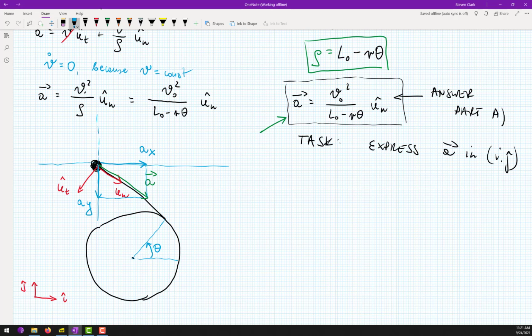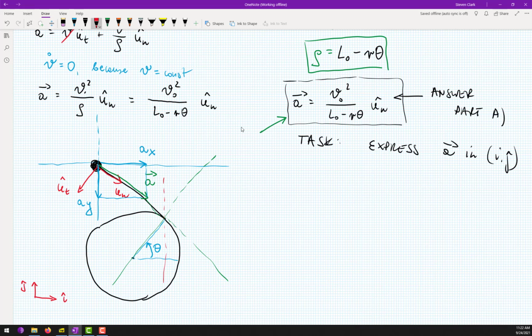Yeah, we must find those two values. And to do that, I must bring this theta somewhere to the drawing. Okay, let me do it quickly. So I think I am able to do it. So let me first of all draw this direction, and maybe also this direction.